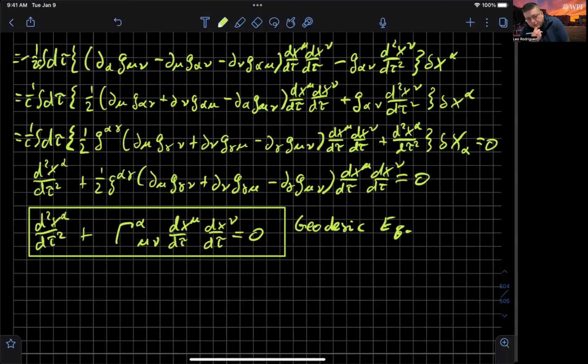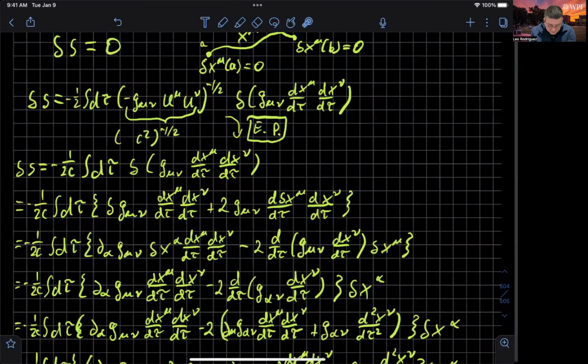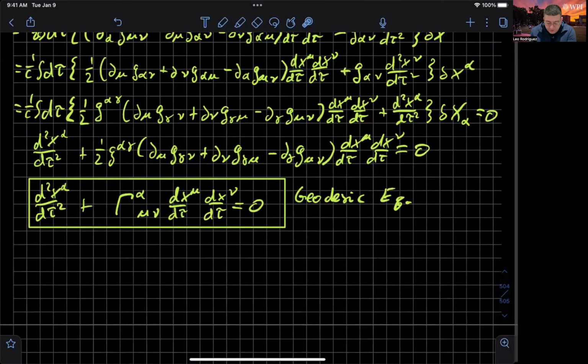We arrived at this geodesic equation in terms of the Christoffel connection because we invoked the equivalence principle here. So invoking the equivalence principle reproduced metric compatibility. That's why the covariant derivative of the metric equals 0 is equivalent to the equivalence principle. Yeah, so we'll end here.